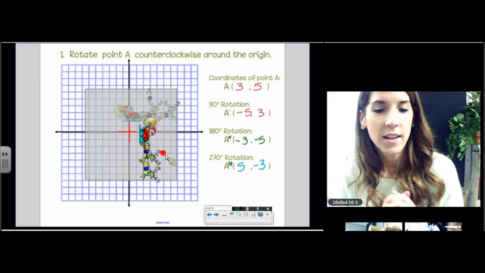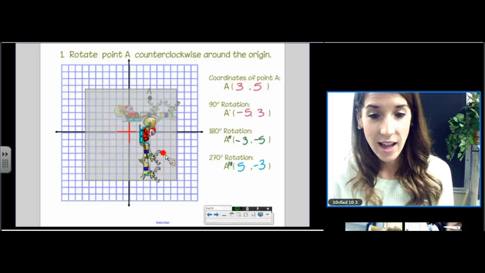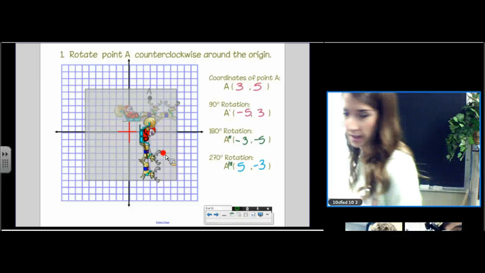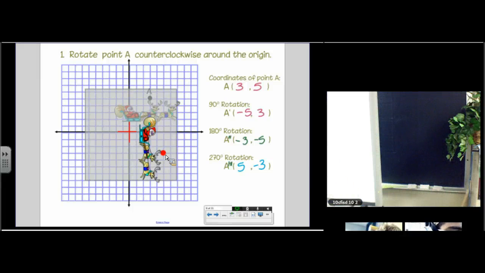So this is going to tell us what the rules are for rotating counterclockwise. If I call this one X, Y, what would I call this next one?